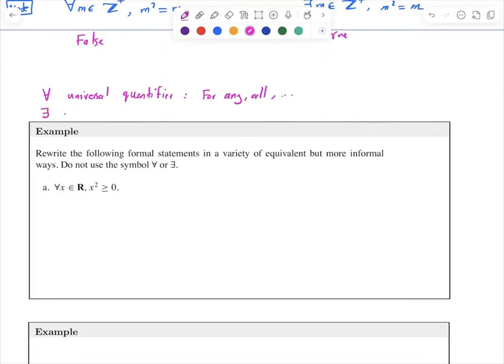This symbol is existential quantifier. It says there is, there exists, and so on. Very well. This statement is basically a universal statement. It says for every real value, if you raise it to power 2, it's going to be more than or equal to 0.